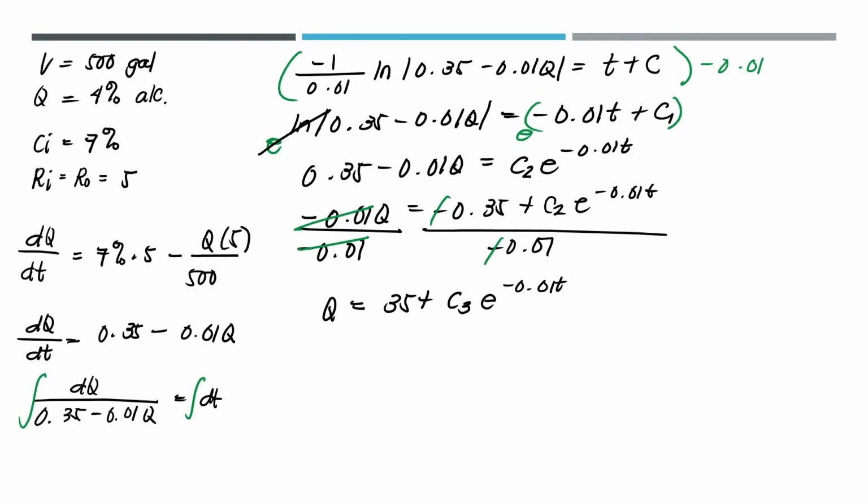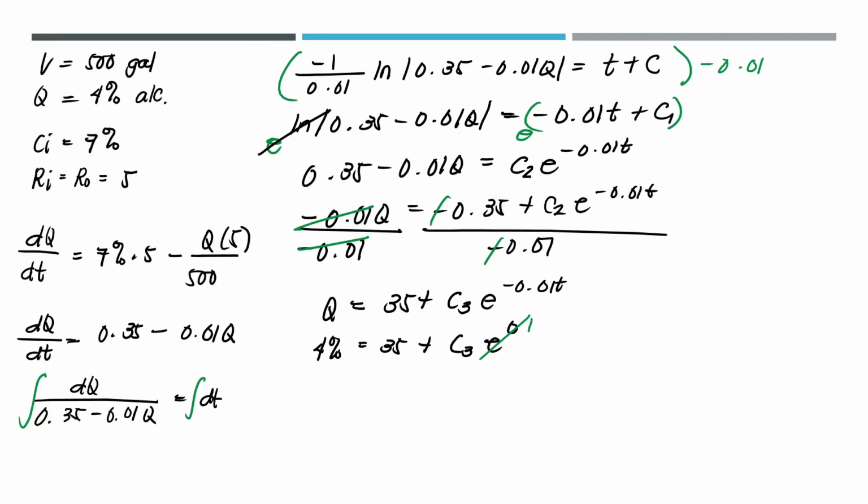So let's solve for the initial condition. Initially we have 4% alcohol, so we have 4% equal to 35 plus C3 times e raised to 0. Negative 0.01 times t, which is equal to 0, is just simply 0. Any number raised to 0 is equal to 1.